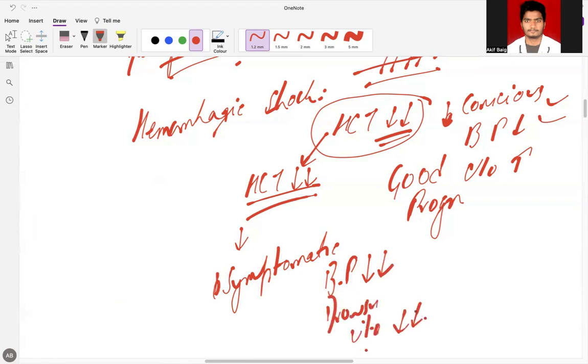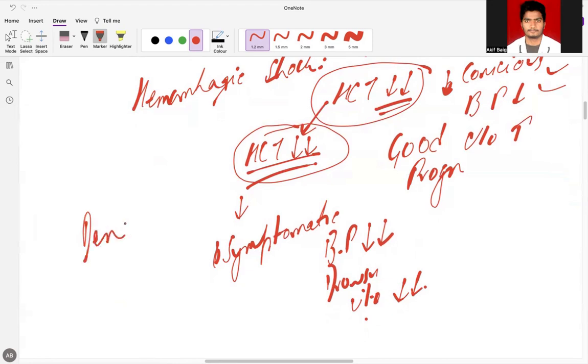So the patient is getting worse, but hematocrit is still decreasing. Often the physician gets confused about why this is happening. At this time we should suspect that although hematocrit is a good prognostic sign, if it is decreasing along with persistently decreased BP, increased drowsiness, and decreased urine output, we should suspect what is called dengue hemorrhagic shock.